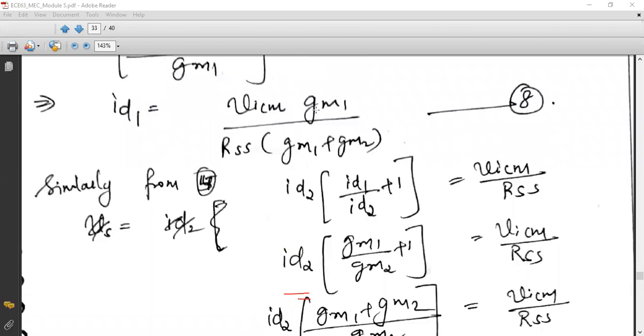And what is ID1 by ID2? It is the ratio between GM1 to GM2. So ID1 by ID2 can be written as GM1 by GM2. Are you following me, Banu Prakash? Yes, sir. Rohan?